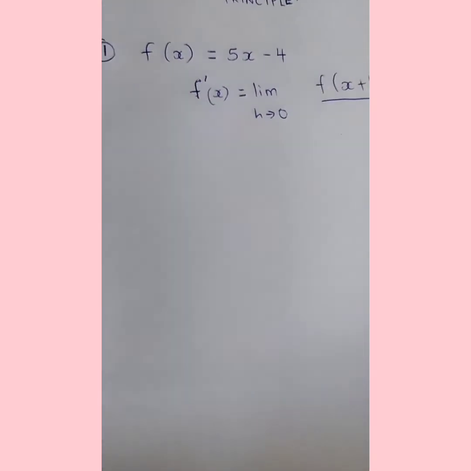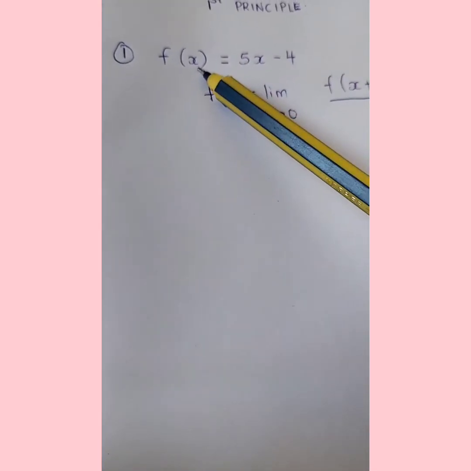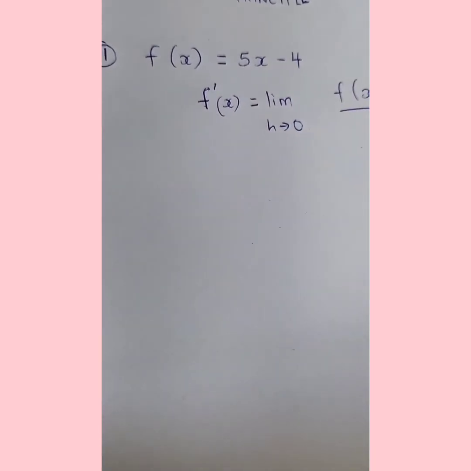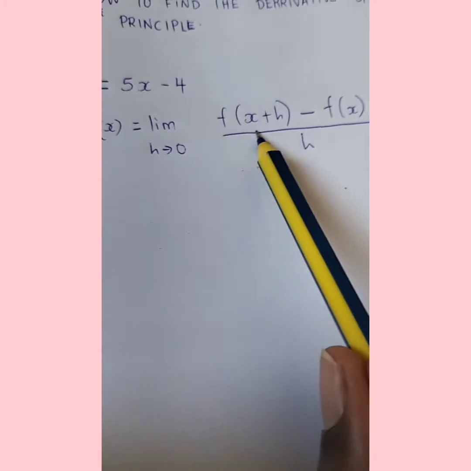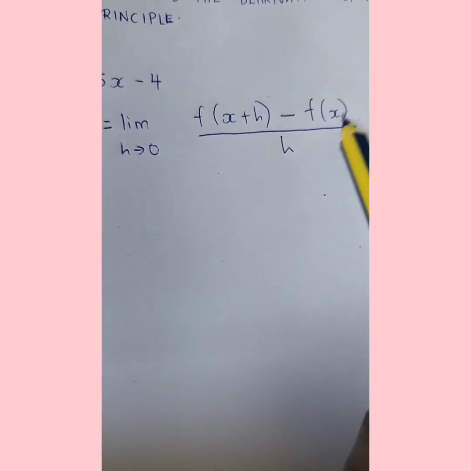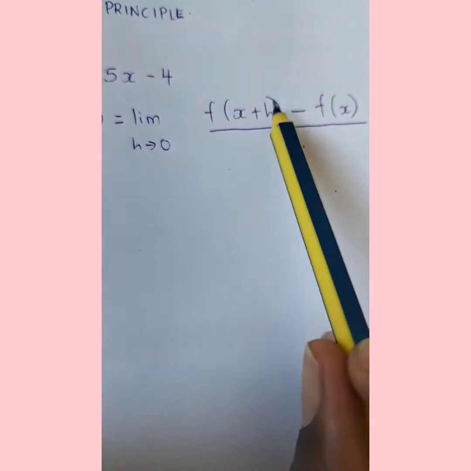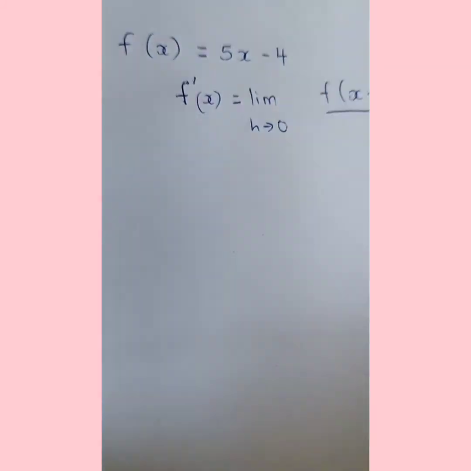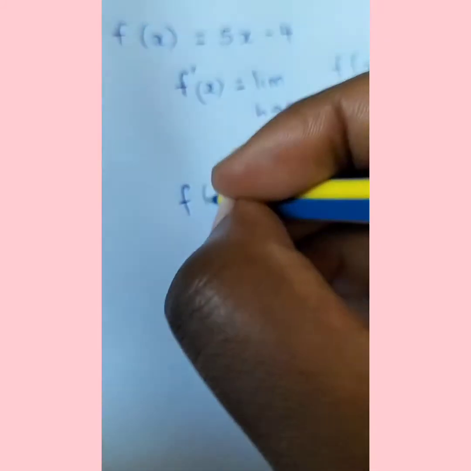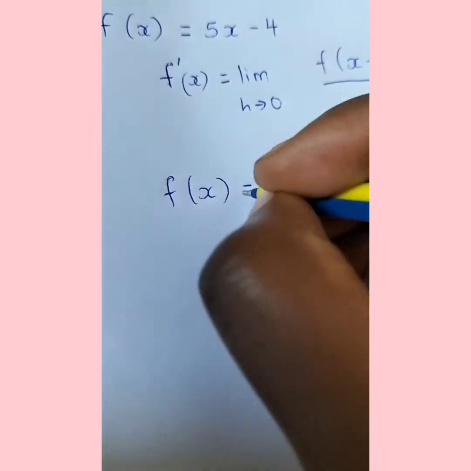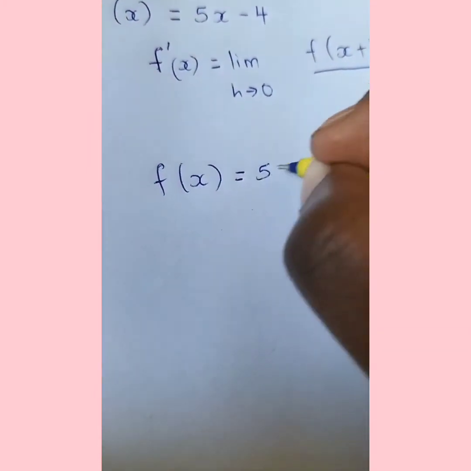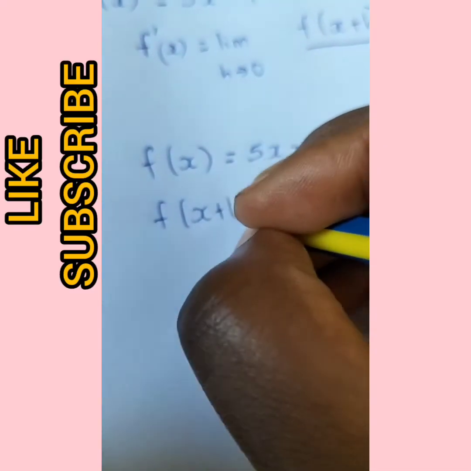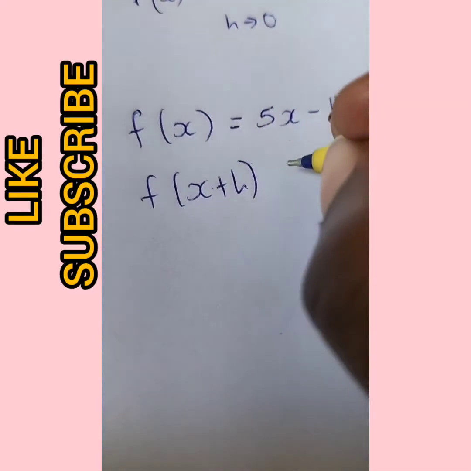So how do we find it? We have the function that maps x to 5x subtract 4. We have the function of x, but we don't have the one for x plus h, so we substitute.